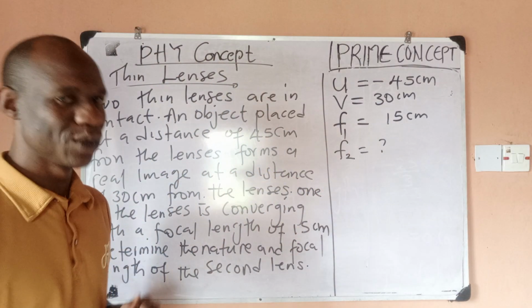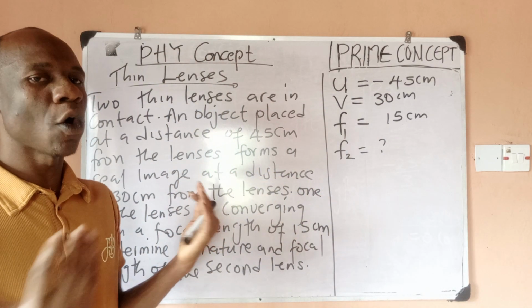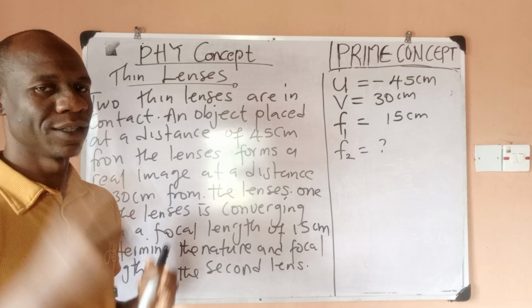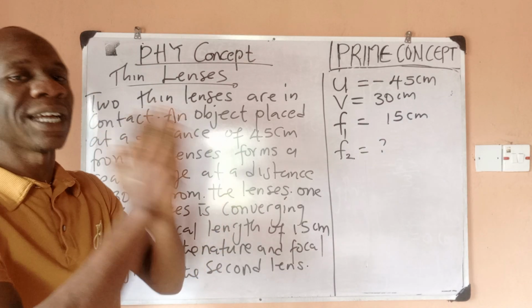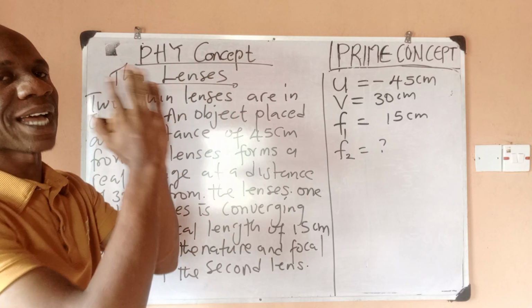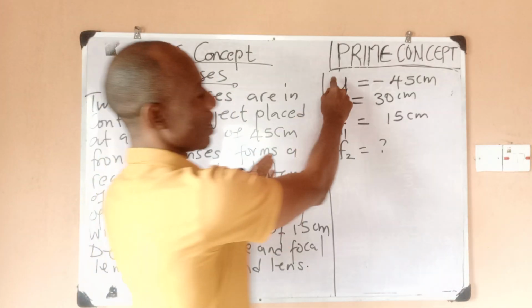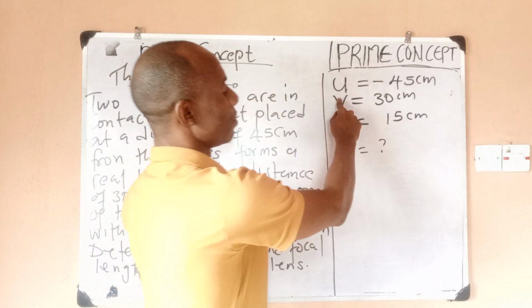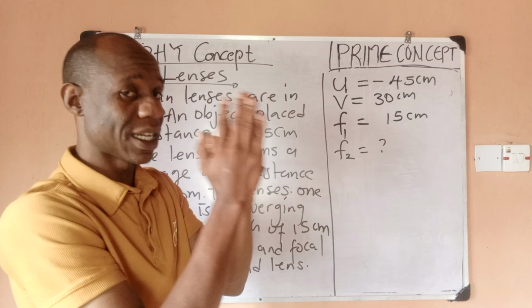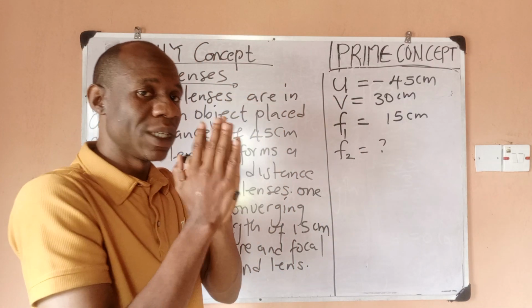Remember, they told us that they combined two lenses to become one, and those two are now acting as one lens. So this is the object distance from the combination acting as one, and this is the image distance from the combination.